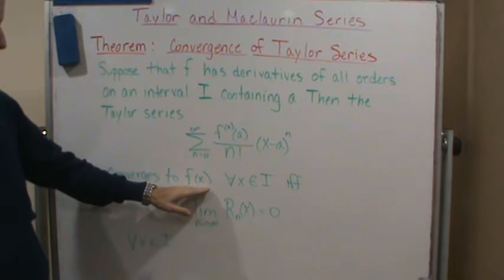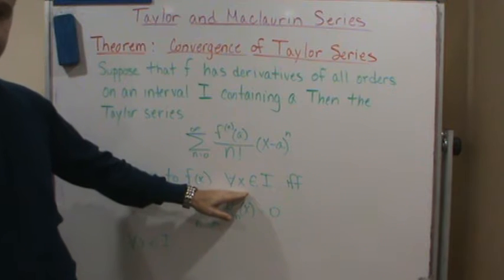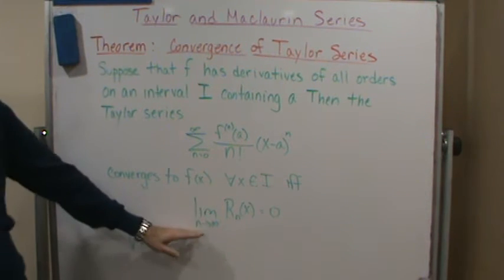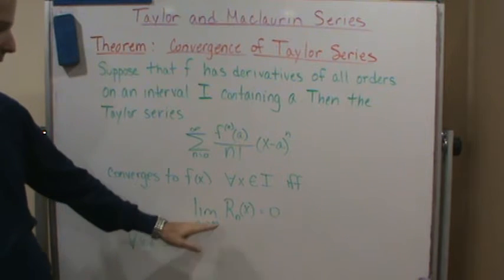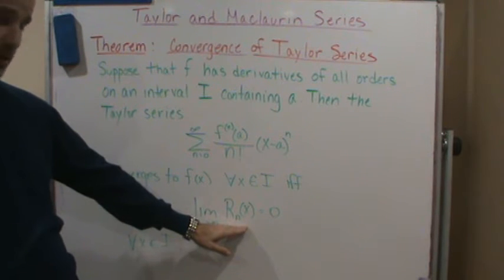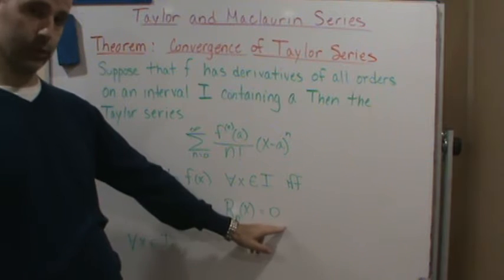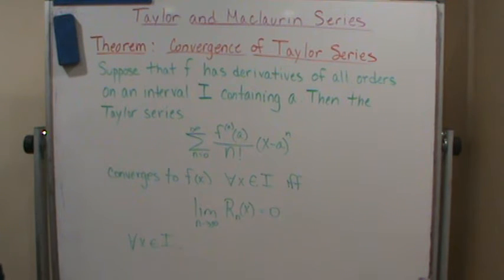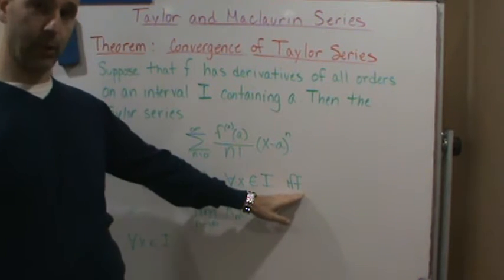converges to the function f of x for all x in the interval I if and only if the limit as n approaches infinity of the remainder r sub n of x equals 0, for all x in the interval I. And so if that is true, then, and again, the if and only if says it goes both ways.